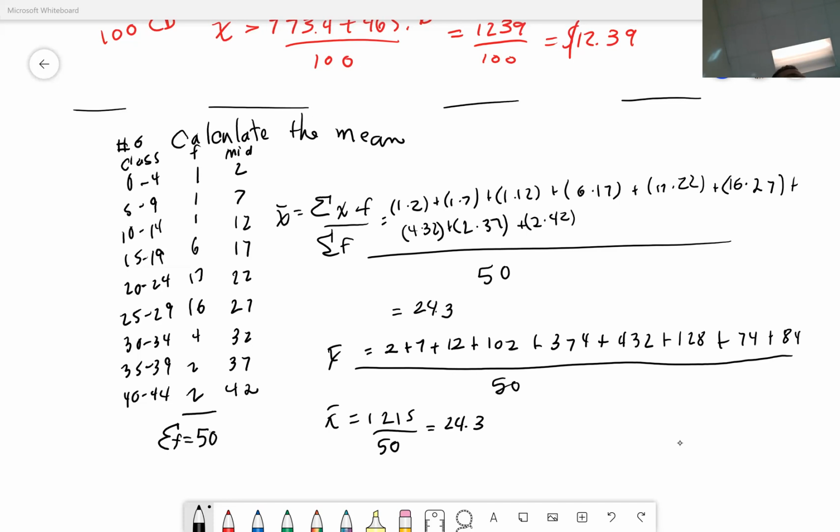Any questions on number 5 from section 2C? It wants you to find the mean, median, and mode of that.